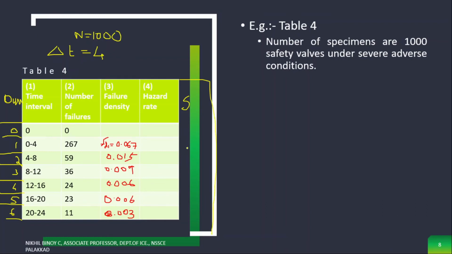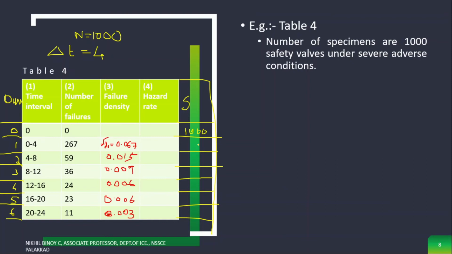The number of survival after the 0th duration, that is the initial population, is always 1000. Now during the first duration 267 components failed.